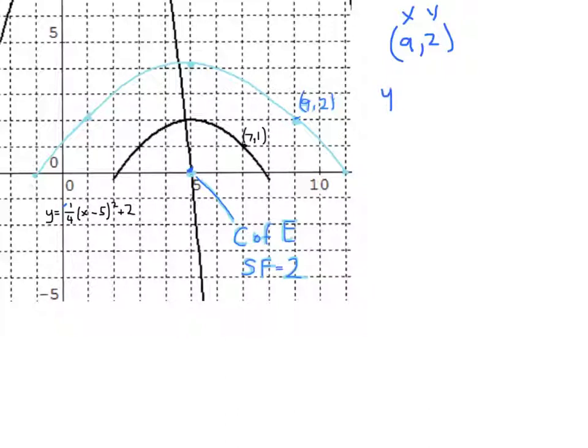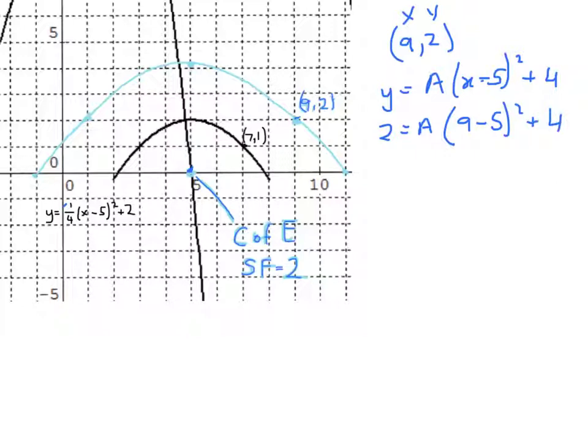So I've got y equals a, this was (x minus 5) squared plus 4 for the light blue graph, and I'll put 9 and 2 in, so 2 equals a (9 minus 5) squared plus 4. So I now know, if I do that in equation solver, that a equals -1/8.